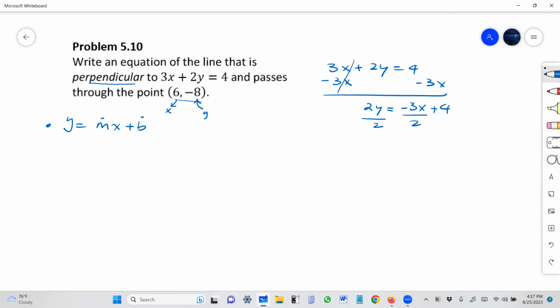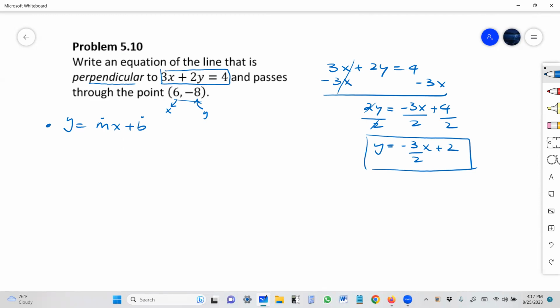I'm going to divide everything by 2. And I have this line right here. This is not the line that I want. This is this line right here, 3x plus 2y equals 4.